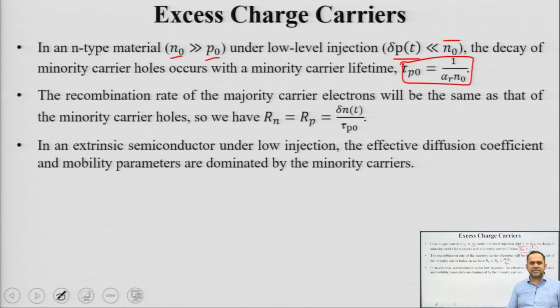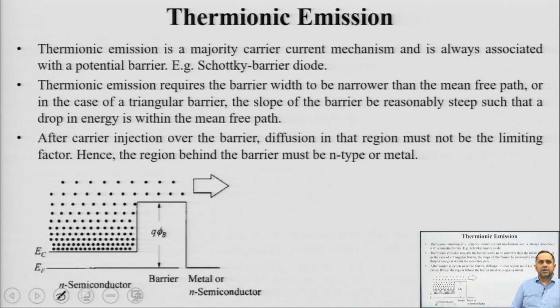The analysis is the same for both n type and p type semiconductors, and this is your rate of recombination. So, in any extrinsic semiconductor under low level injection, the effective diffusion coefficient and mobility parameters are actually dominated by minority carriers. So, we proceed further from the generation and recombination point of view.